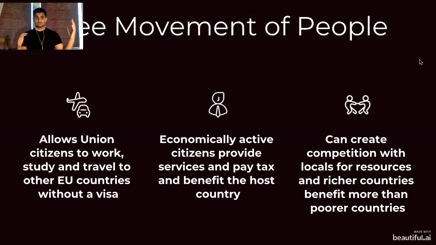There's huge inequalities there. Western Europe is far richer, far more developed than Eastern Europe. And so what you'll have is actually Eastern Europeans, educated people, people with skills, going over to Western Europe because they're able to get higher pay, more wages, progress much better in their career, get far more opportunities. But the opposite, of course, isn't the case. And so that has caused a lot of resentment, especially in Eastern Europe.